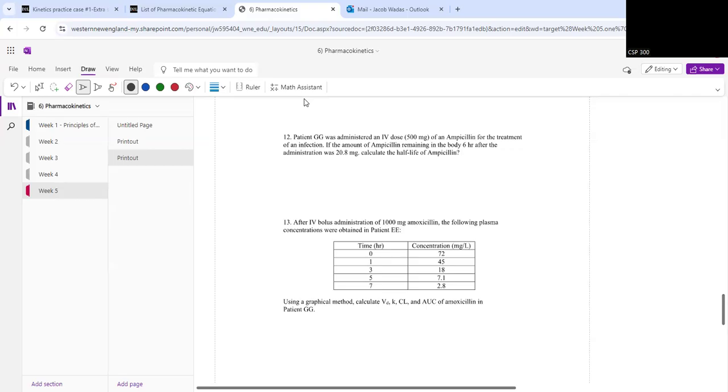So what equation? We have the final concentration, we have the initial dose, we have e, we have t. So this is the C, C0.